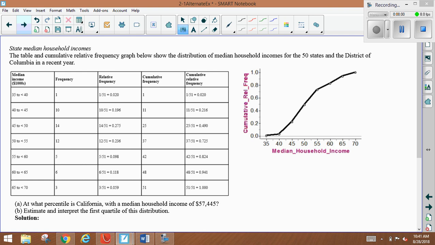So here we go. We've got a graph for the distribution of median household incomes for the 50 states, and what we're able to get is a percentile. This column tells you how frequently each data point occurs. This gives you a percentage of occurrences of each of those data points.